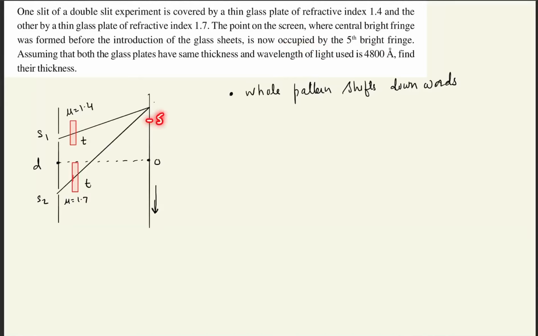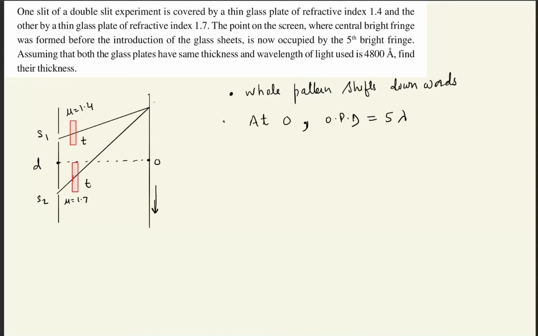So initially the fifth bright fringe was somewhere here, and when the pattern shifts downward, this fifth fringe comes to point O. So now at O, the optical path difference should be equal to 5 lambda, because the fifth maxima is formed at O. So we will calculate the optical path difference at O.